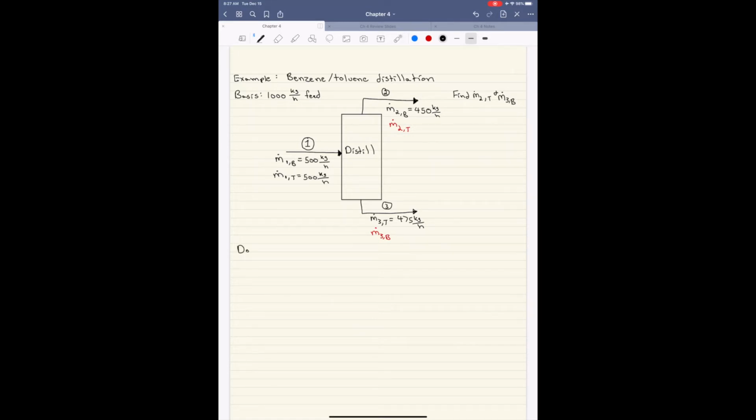All right, so degree of freedom analysis. For a molecular species material balance, which is what we're going to apply in this problem, the way we calculate the degrees of freedom is we first need to count up the number of unknowns. We need to add on the number of independent reactions.